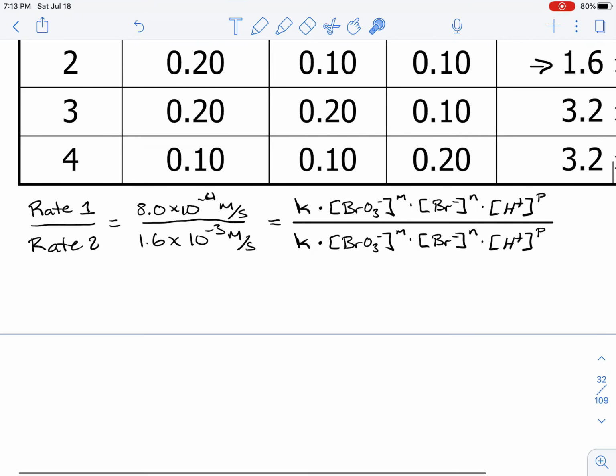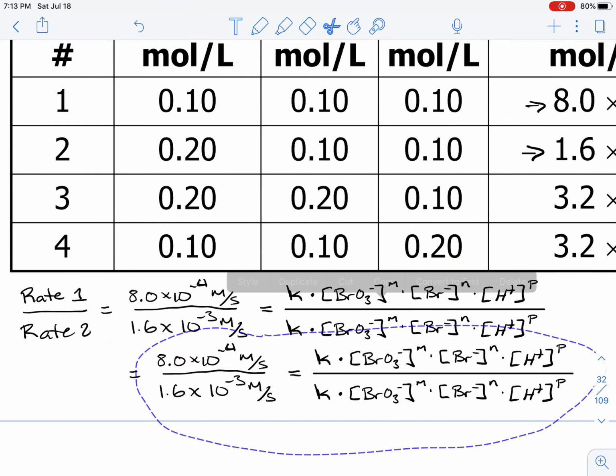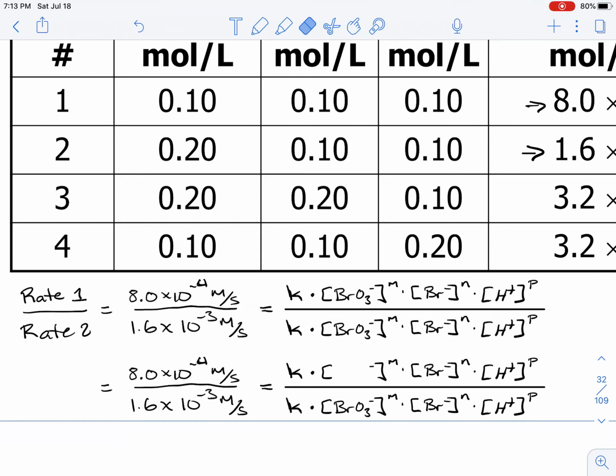And so I'm just going to go ahead and rewrite that very quickly. So let me duplicate this. And so this bromate, it's going to be 0.10 at the top, 0.20 at the bottom.